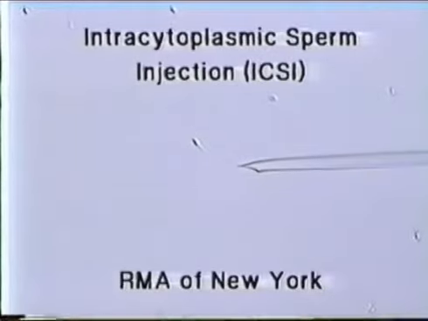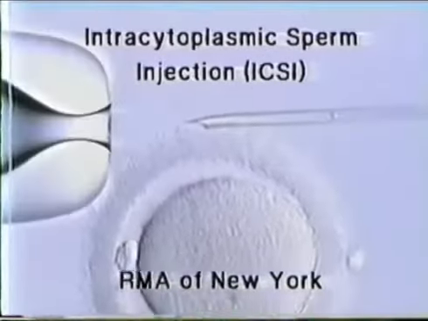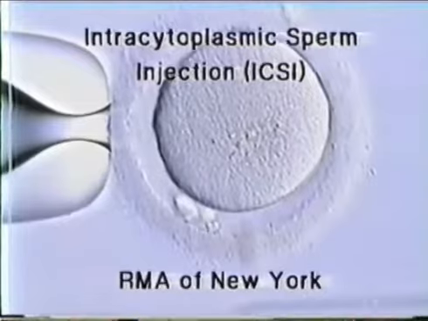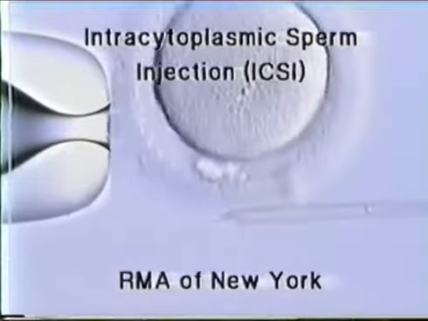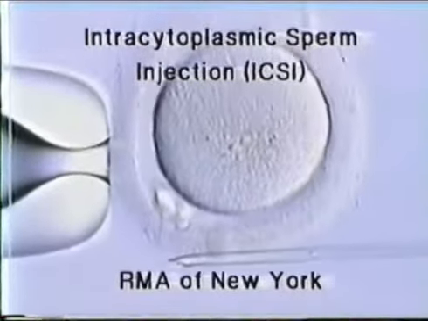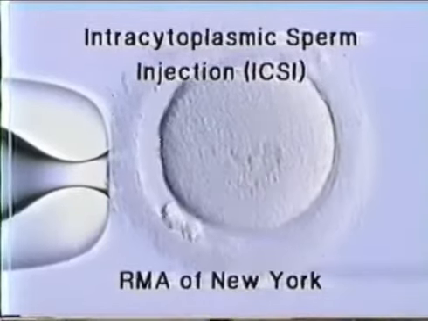The sperm is then picked up inside the needle, and after alignment of the egg on a holding pipette on the left side, the needle is carefully inserted into the egg and a single sperm is deposited.